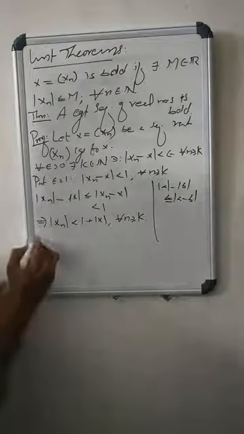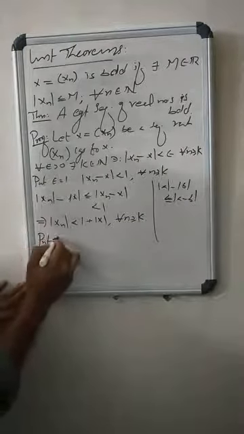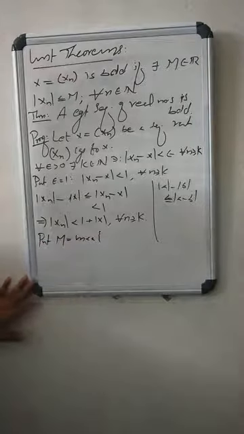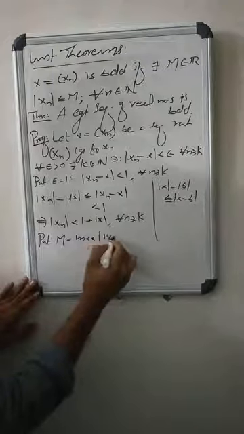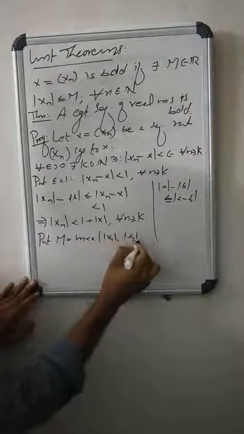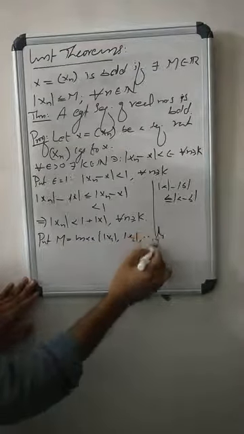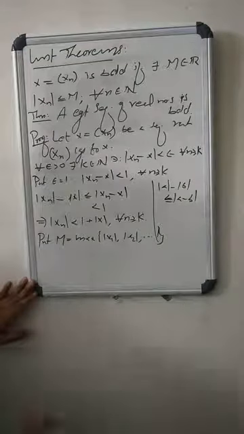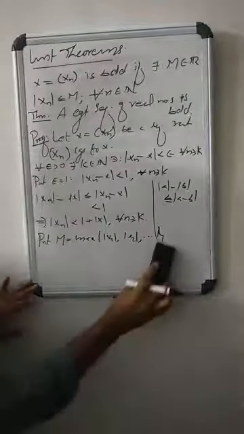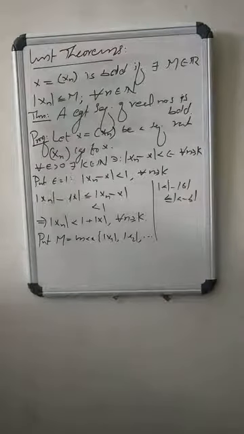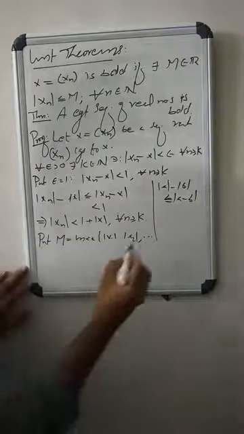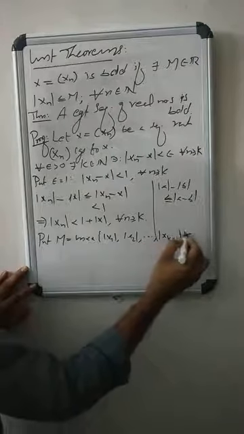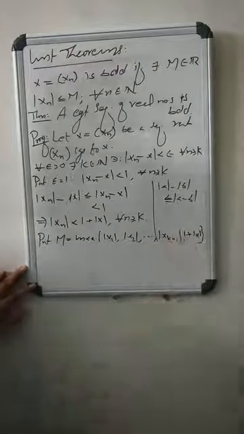Then, for the sake of argument, put M equals the maximum of mod x1, mod x2, and so on up to mod x k minus 1, and 1 plus mod x.